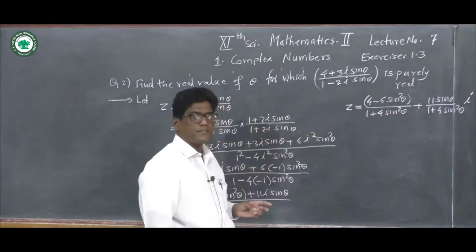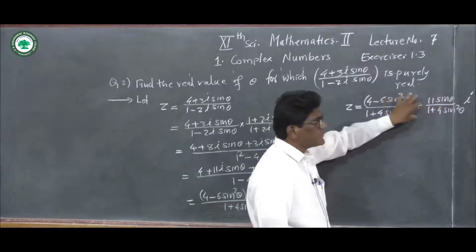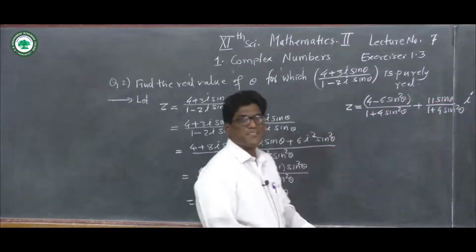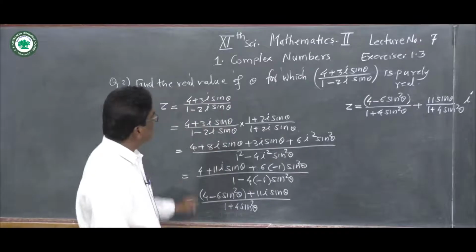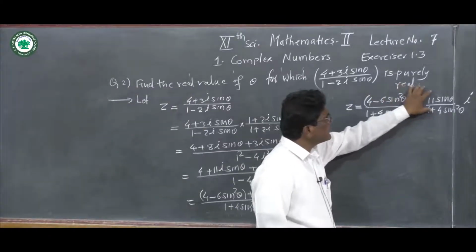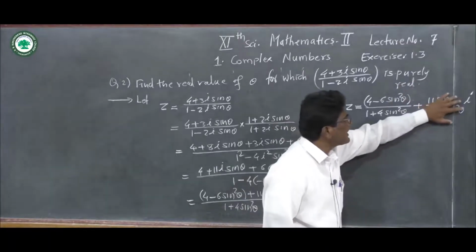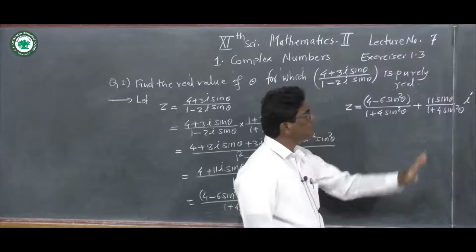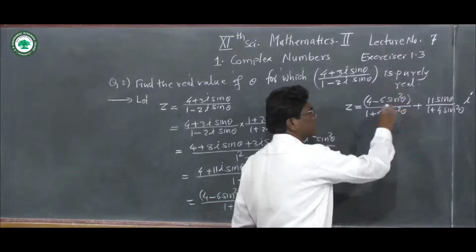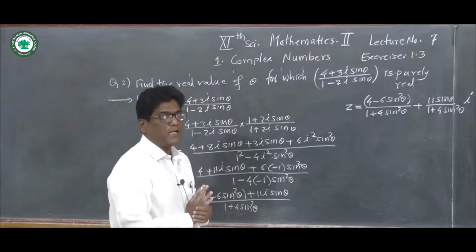Now observe here, this is a complex number, we call this as a, this as b, a plus bi. So now we are given this is purely real. Purely real means the imaginary part is 0. If this part is 0, then it is a purely real number. Purely real means that the complex number does not contain the term of i.